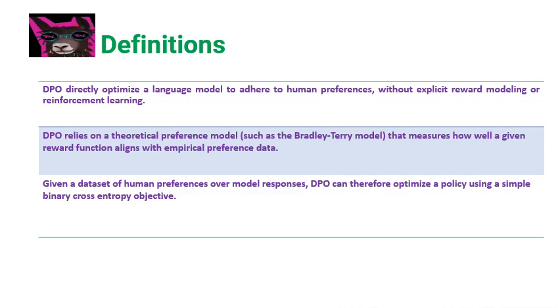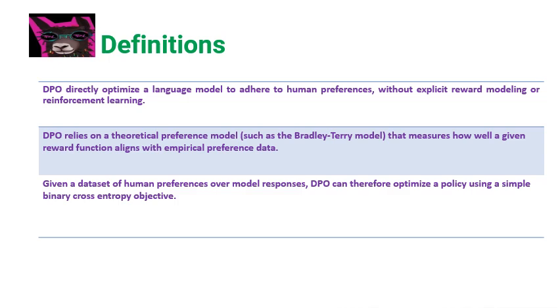Direct Preference Optimization, or DPO, directly optimizes a language model with respect to human preference. DPO uses a theoretical preference model. What I mean by this is that each entry has a prompt and two responses, a preferred response and a dispreferred response, and a probability is associated with each one.